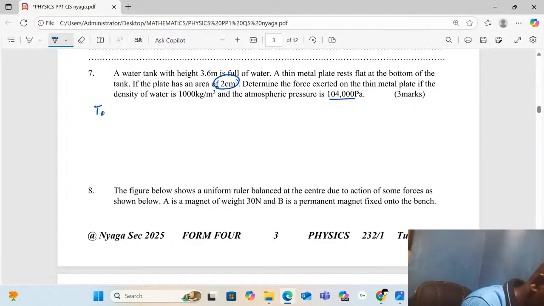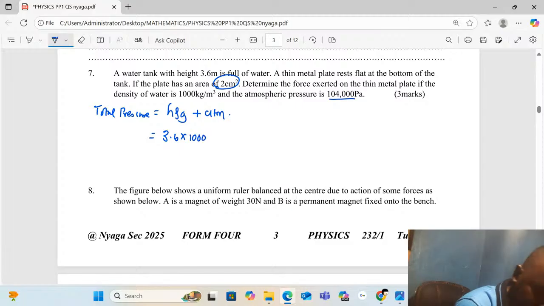So the total pressure will be the same as the pressure due to the water column in the tank plus atmospheric pressure. So this will be a height of 3.6 times density of 1,000 kilograms per cubic meter times 10.